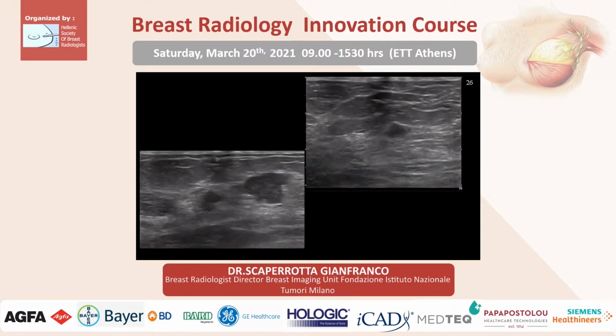This is a second look ultrasound after the CEM, and this is the diagnosis. Right, carcinoma G3 triple negative, Ki-67 55%, and left carcinoma G3 with DCIS HER2 positive and Ki-67 is important.